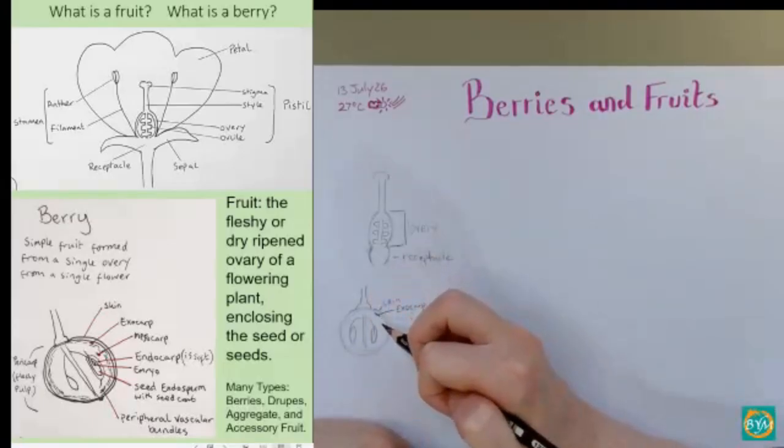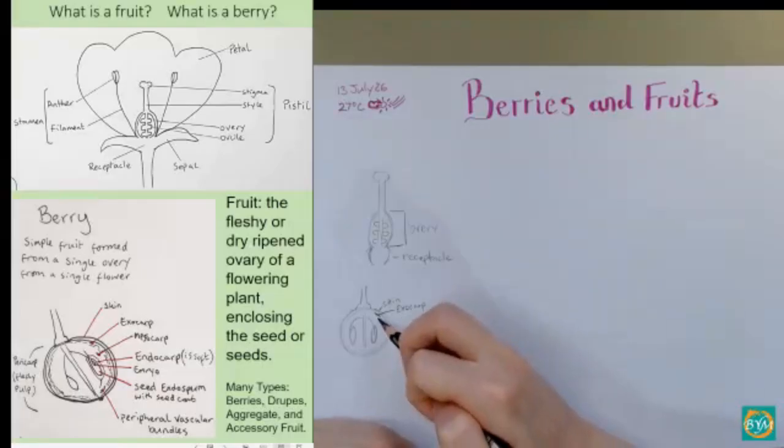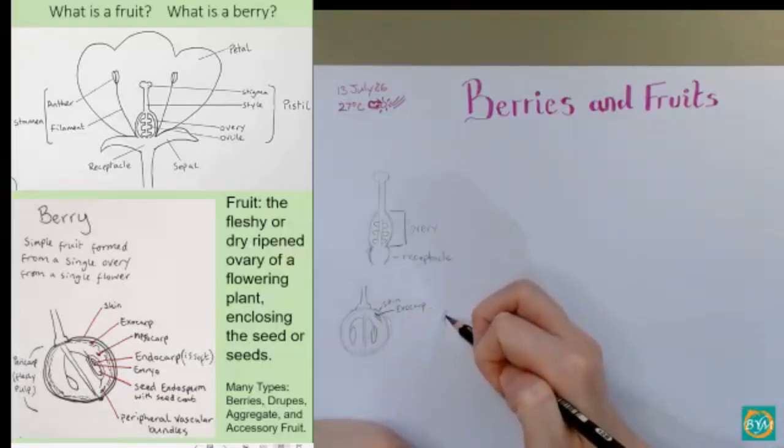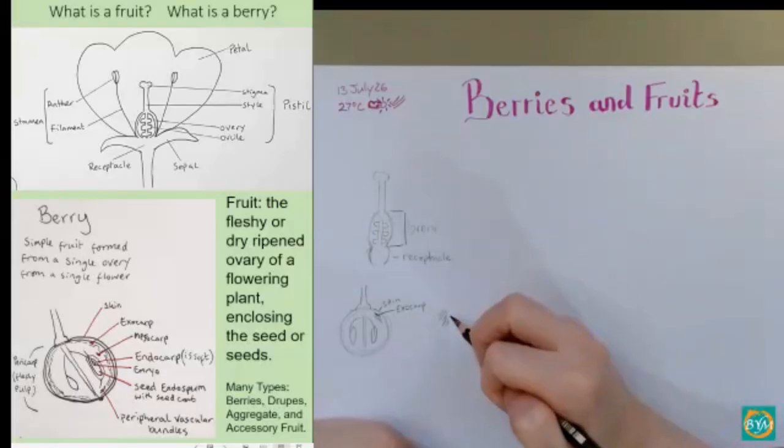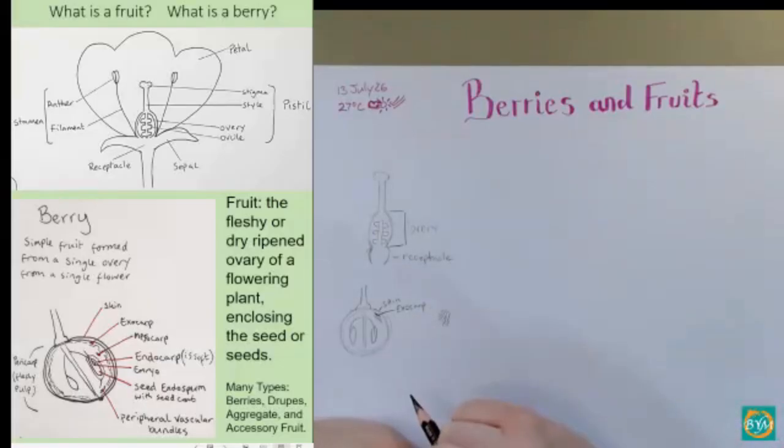Then inside of that, there's a few little sort of veiny structures, and these are the peripheral vascular bundles. Lots of big words for you today. You don't need to remember all of them, but they are going to be inside here.